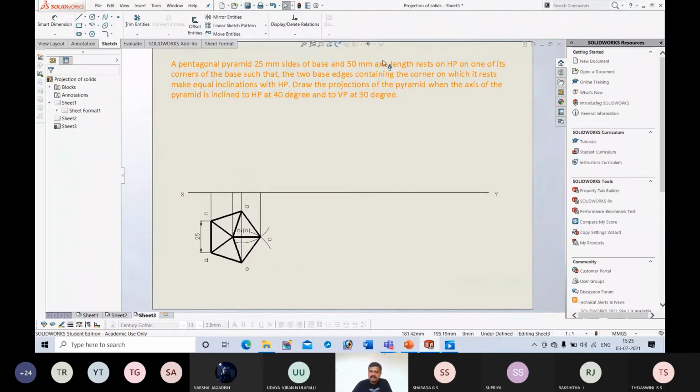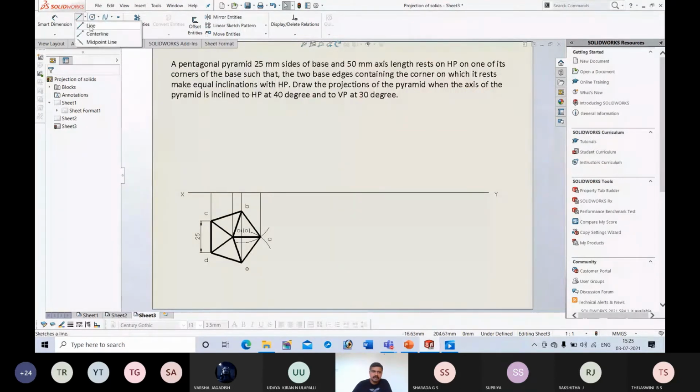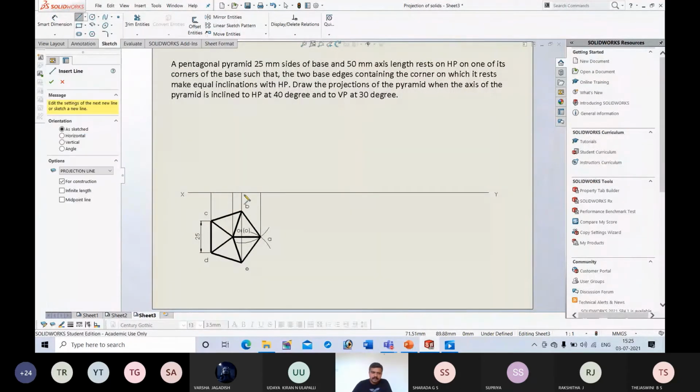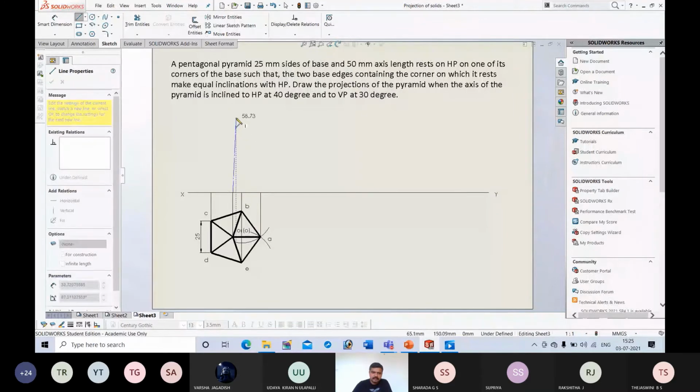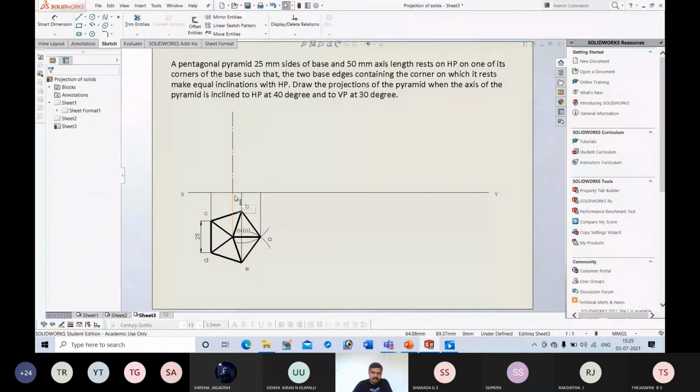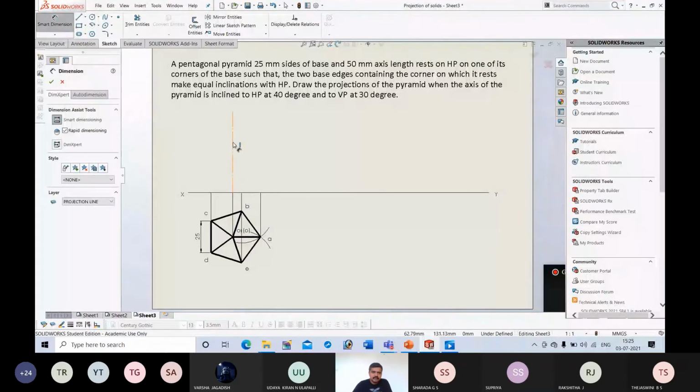So this axis length is nothing but the height of the pyramid. Okay, in front view, after projecting the points, first thing you should do is draw the axis to the given length. Okay, so I know its length, it is 50.